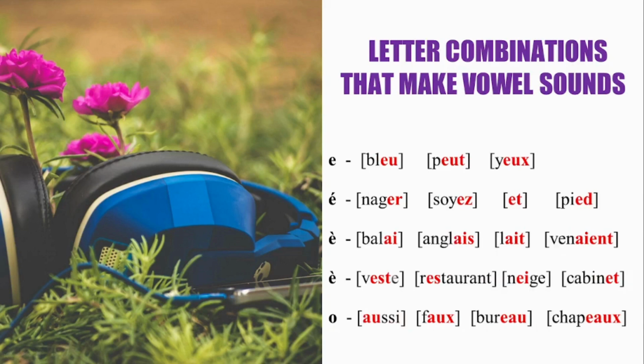Let's continue. All right. Some other words. So here for E, we have bleu, peu, yeux. Bleu, peu, yeux.